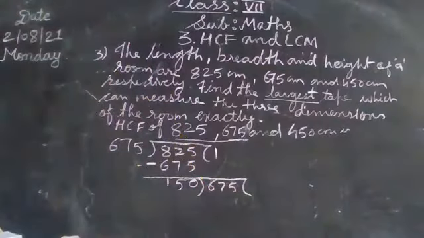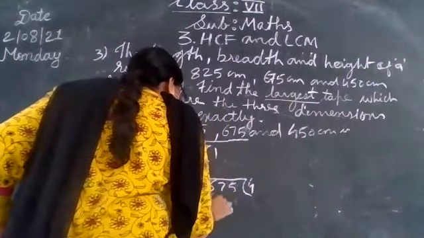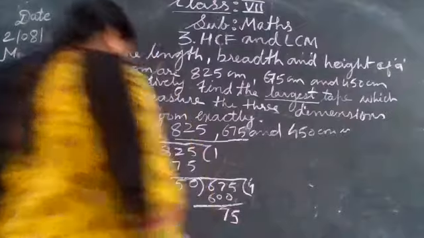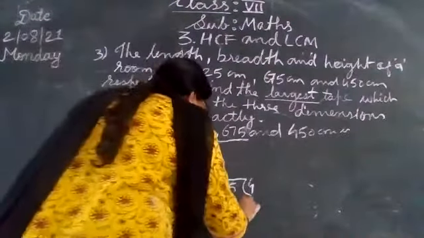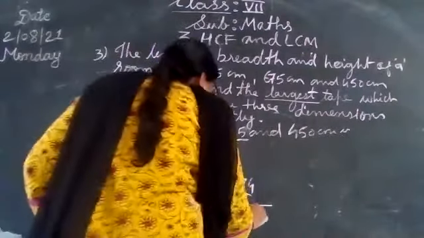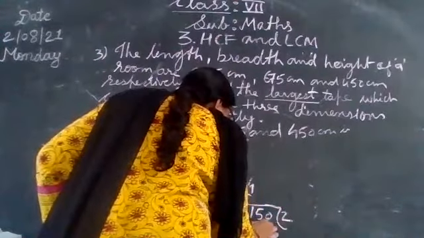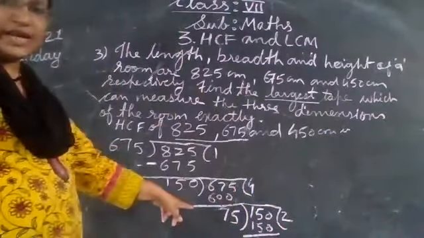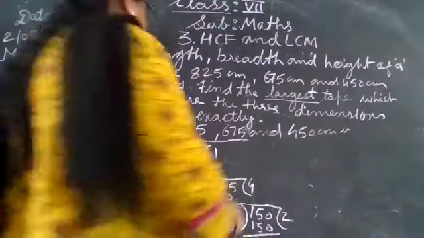So 675 divided by 150. So 150 times 4 is 600. What is left? 75. Now this 75 becomes divisor and this 150 becomes dividend. So 75 into 150, remainder is 0. So what is the HCF of these two numbers is 75.